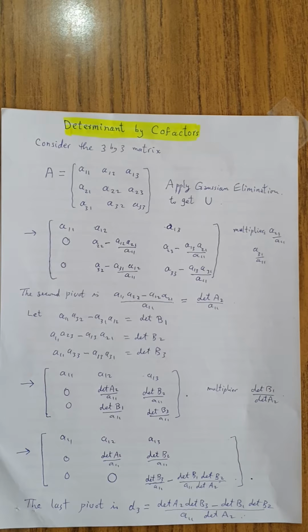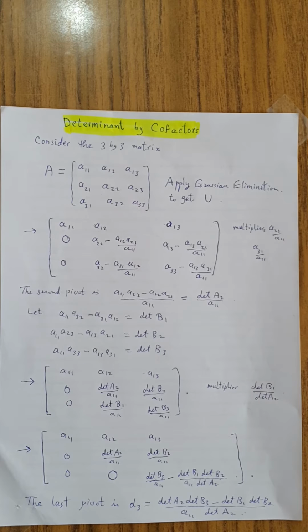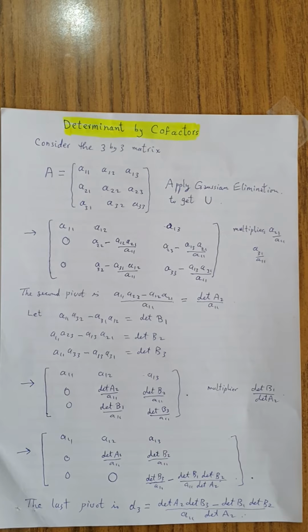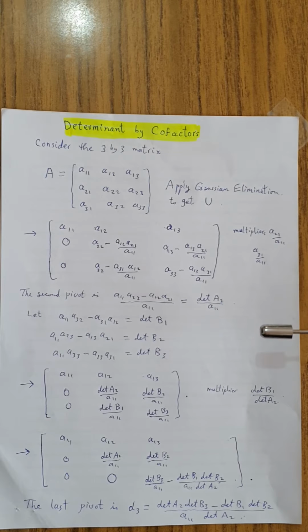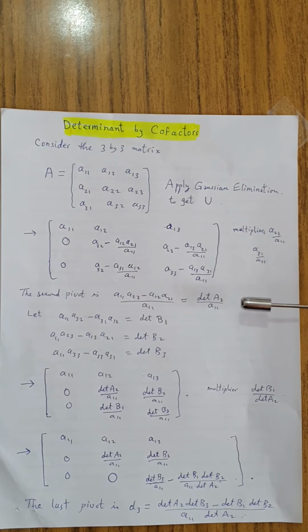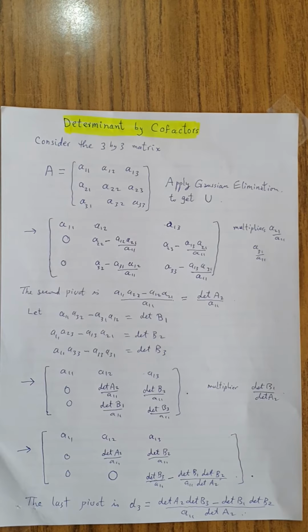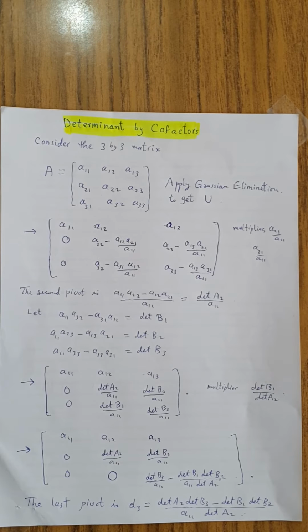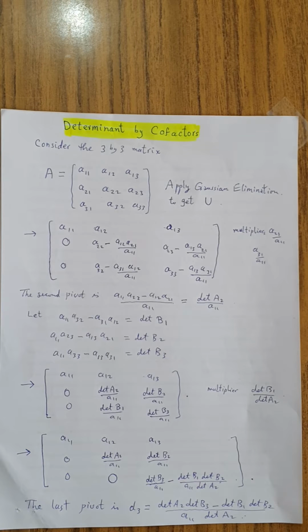So elimination gives us this matrix. In order to simplify, let us use abbreviations. The second pivot here is the determinant of A2, which is the subdeterminant formed by the upper left corner, A11, A12, A21, A22, divided by A11.